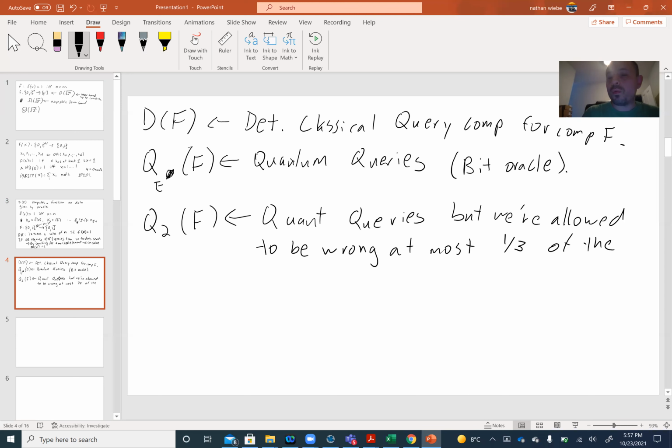You might wonder where the value of 1/3 comes from. Well, it comes about because of the Chernoff bound. If the probability of failure is less than 1/2, then we can amplify this to 1 minus epsilon for all epsilon greater than 0. So any constant less than 1/2 would do. 1/3 is just the simplest fraction that we could write that's less than 1/2.